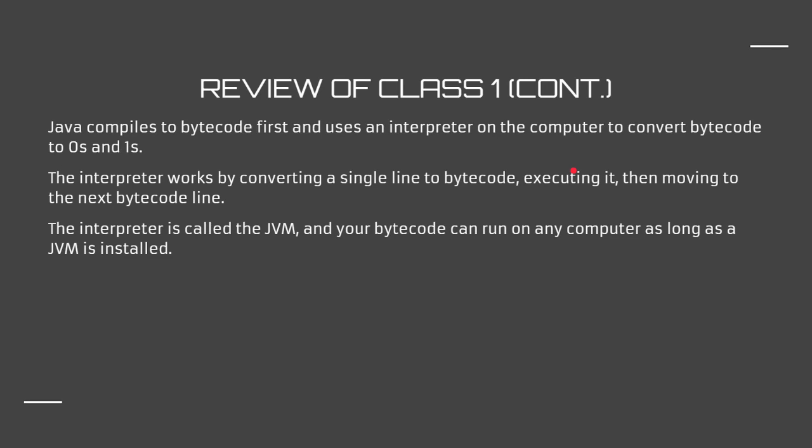Java compiles to bytecode first, and then uses an interpreter on the computer to convert bytecode to zeros and ones. The interpreter works by converting a single line to bytecode, executing it, then moving on to the next line. The interpreter is called the Java Virtual Machine, and your bytecode can run on any computer as long as a JVM is installed.